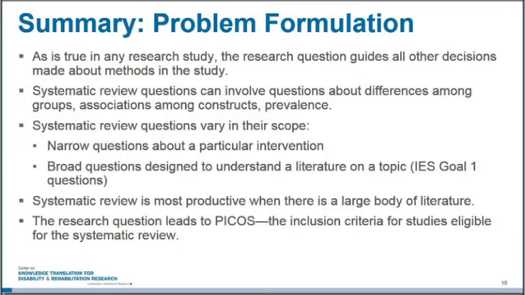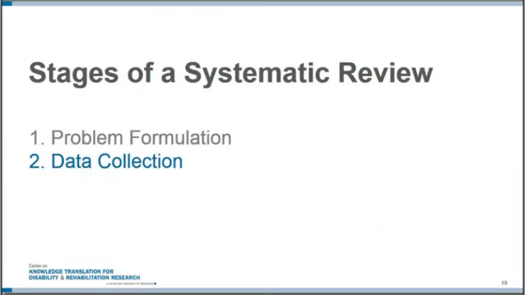Sometimes you do a review and you find out that none of the studies that have been conducted are eligible given your criteria. But again, the research question leads to those PICOS, the inclusion criteria for studies eligible for the systematic review. Okay, so let's move on to our second stage, which is data collection.